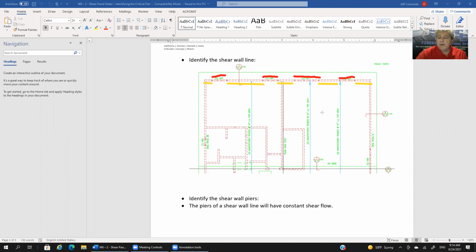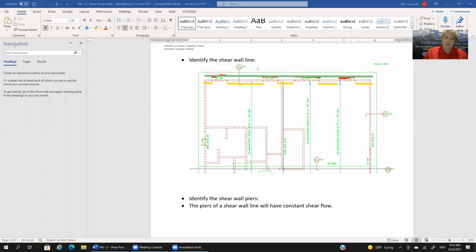In theory, we have 5 piers in this wall. We call these piers in the overall shear wall system, also known as a shear wall line. So this whole thing across here would be a shear wall line, and these are the 5 piers in the shear wall line.